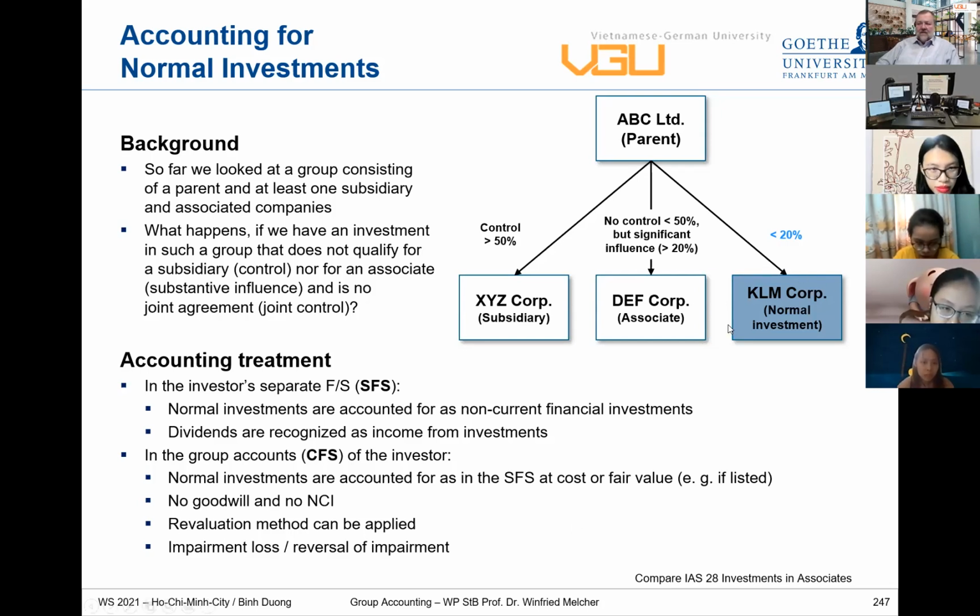So we will do it completely differently in the case of a normal investment, because in the year when they make a profit, we will not increase the investment because we have no significant influence. Okay, so we just ignore that this normal investment is making profit. We will just state that investment at cost.